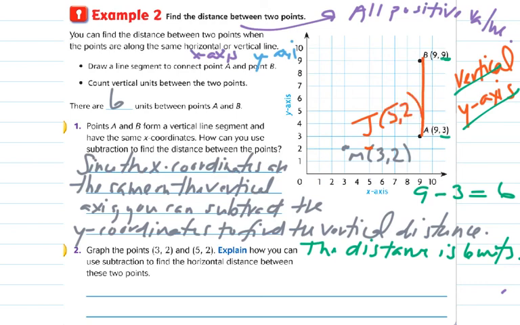Now, it says, explain how you can use subtraction to find the horizontal distance between these 2 points. So now, boys and girls, if you look and see, the y, in this case, or the vertical axis is the same. It is 2 and 2, so it has the same position.